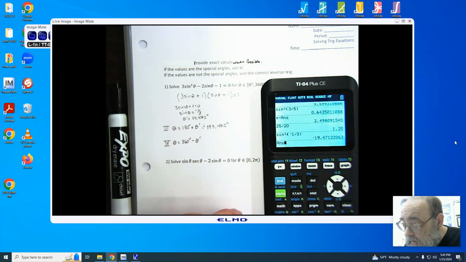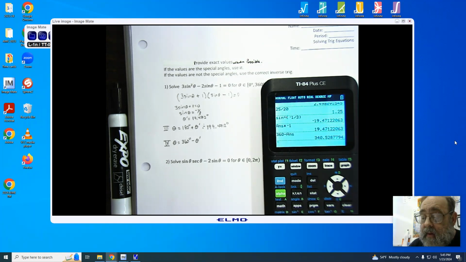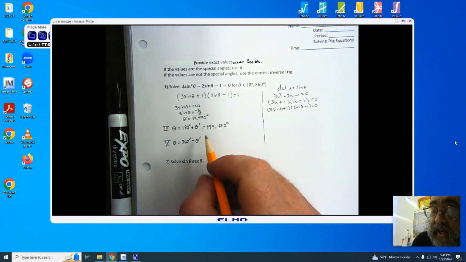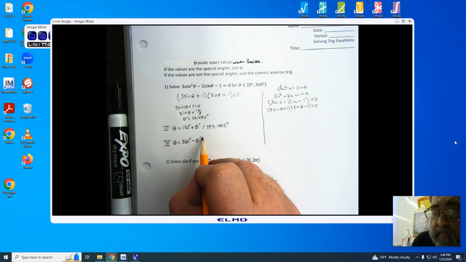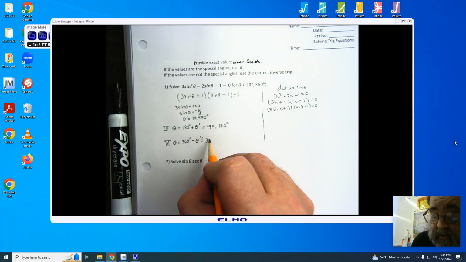Multiplying by negative 1 will make it a positive. And then I can take 360 degrees and subtract that answer. Notice I end up with 340.5288 degrees. Once again, I have rounded to the fourth decimal place, and I'm going to include that.